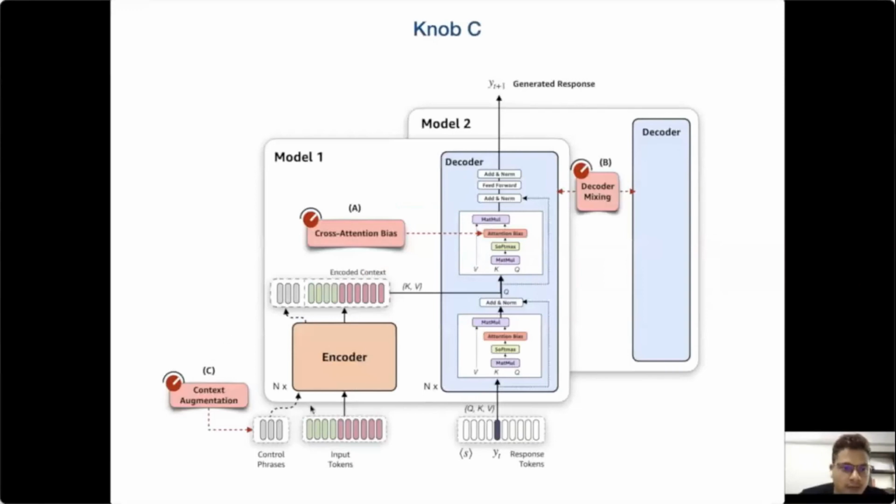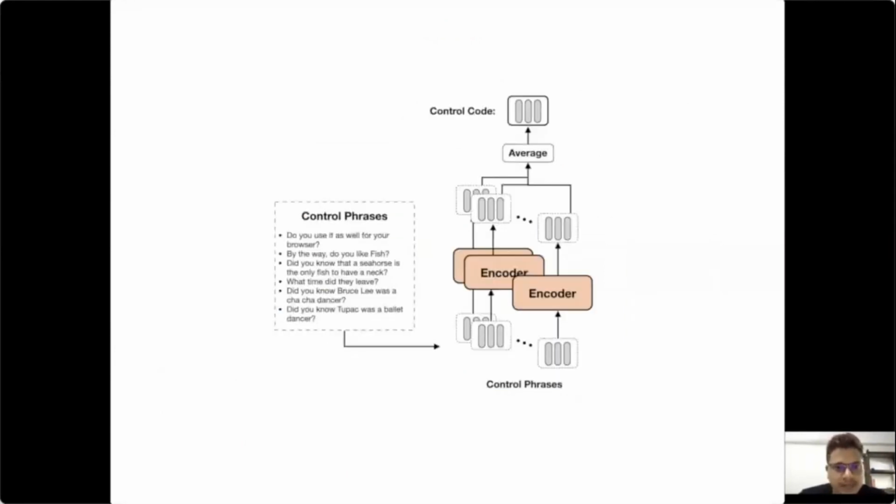So here we see how we apply the knob C. This whole knob C is applied in 2 stages, which I'll explain now. In stage 1, we curate a set of control phrases. So for example, if the goal is to control inquisitiveness, that is a tendency to ask questions, we'll sample randomly some questions.